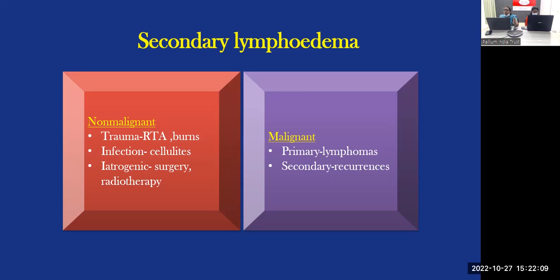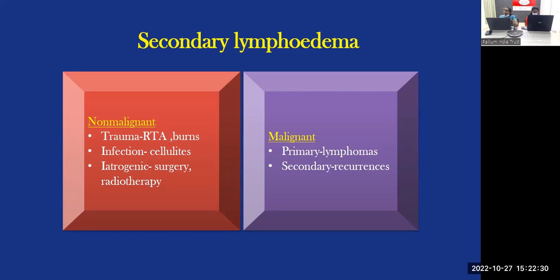So here we need to understand that non-malignant conditions also develop edema: infections, recurrent infections, iatrogenic causes like surgery and radiotherapy. These are all the non-malignant conditions in which patients can get edema.